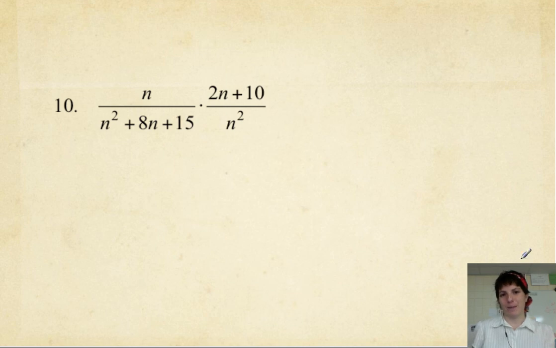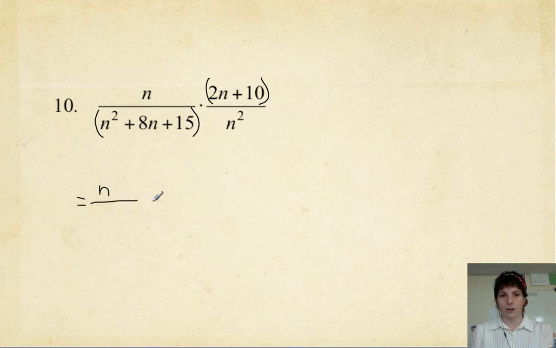And here's number 10. It's the first one where we really have to factor, so I want to make sure we talk about it together. So again, this is a binomial, so we can't just simplify it. And this is a trinomial, so we can't just simplify it. They have to be factored. It has to be something with multiplication in order to be simplified.